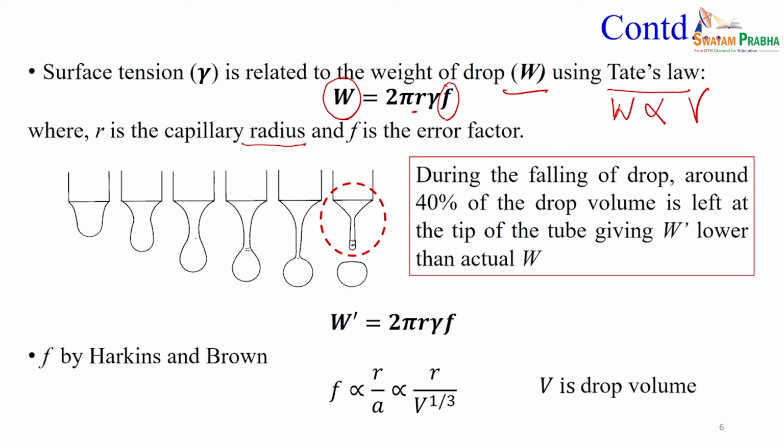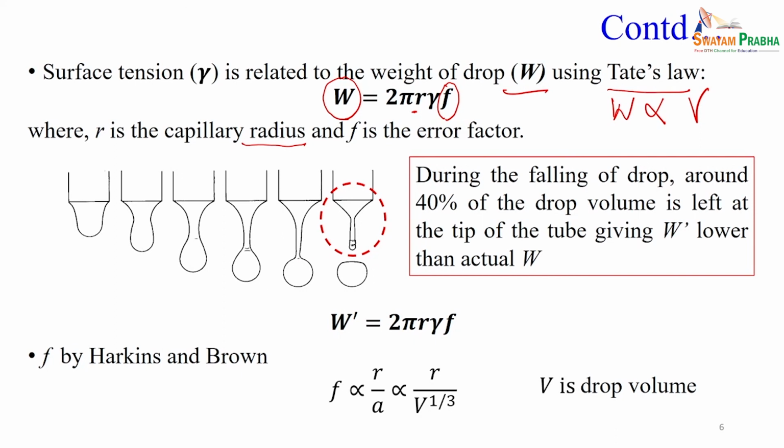So, if you just see what happens during the formation of a drop from a capillary tube, the weight of the drop is increasing, and once the weight of the drop is sufficient, then it detaches from the capillary.